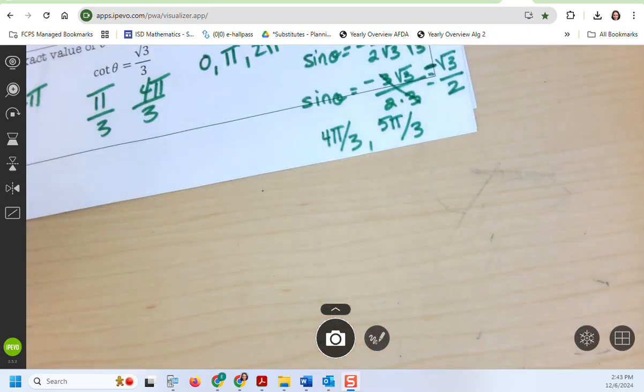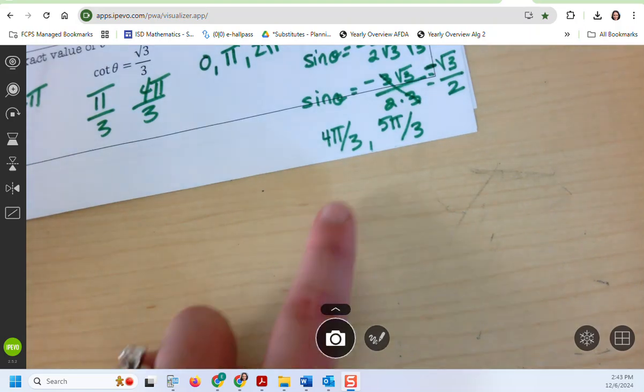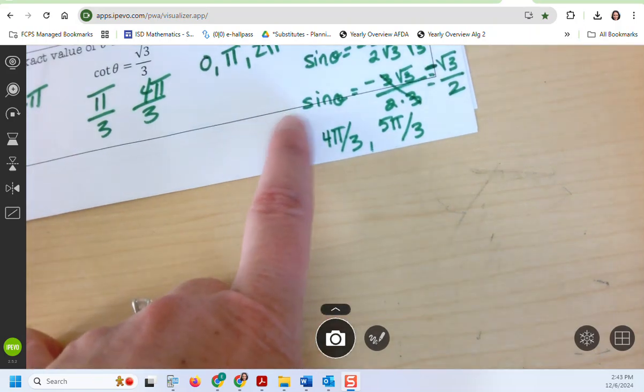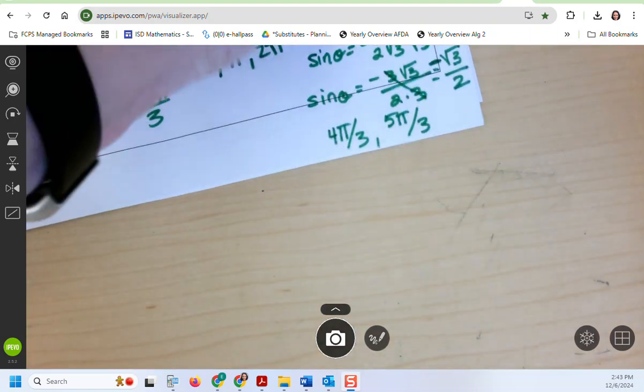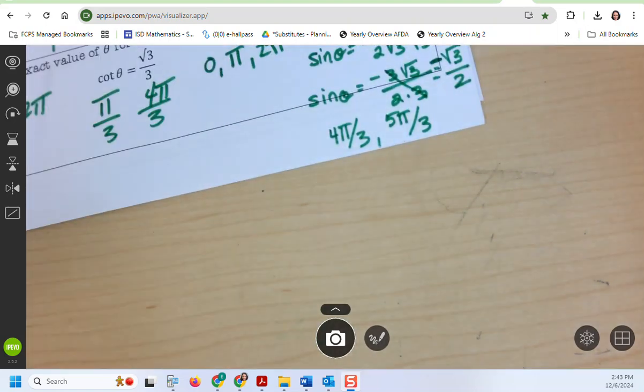Now, you can easily check answers like these on your calculator because you can type the sine of 4 pi over 3, and then you can type in negative root 3 over 2 and see if you get the same decimal. So you can check these answers, but it is hard to do the whole problem on the calculator because we're using all these radicals.